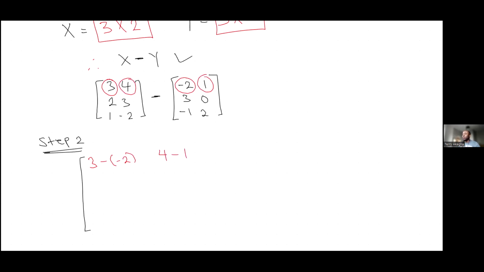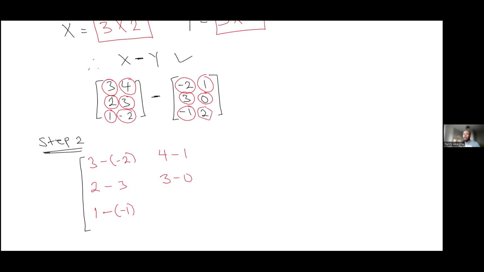The next one is 2 and 3, so it's going to give us 2 minus 3. And the next one is going to be 3 and 0, so it's going to give us 3 minus 0. The next one is 1 and minus 1, so it's going to be 1 minus 1. And this is going to give us minus 2 and 2.